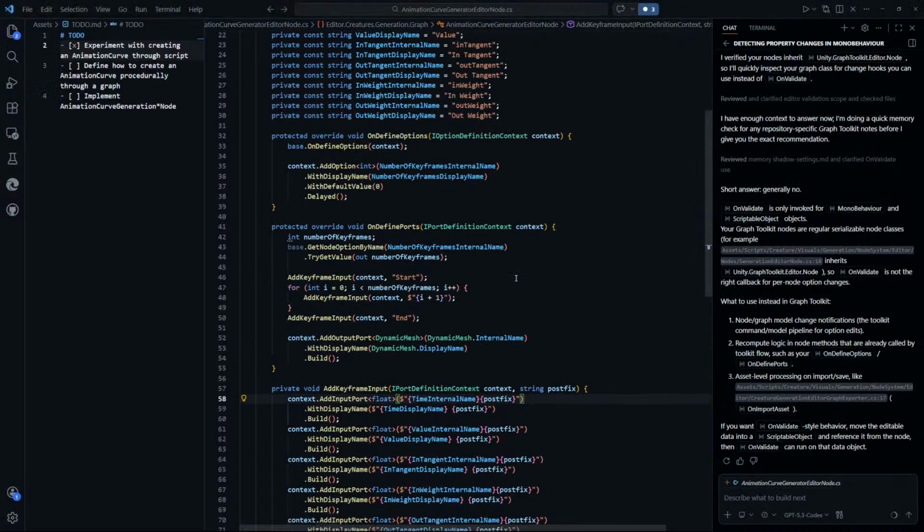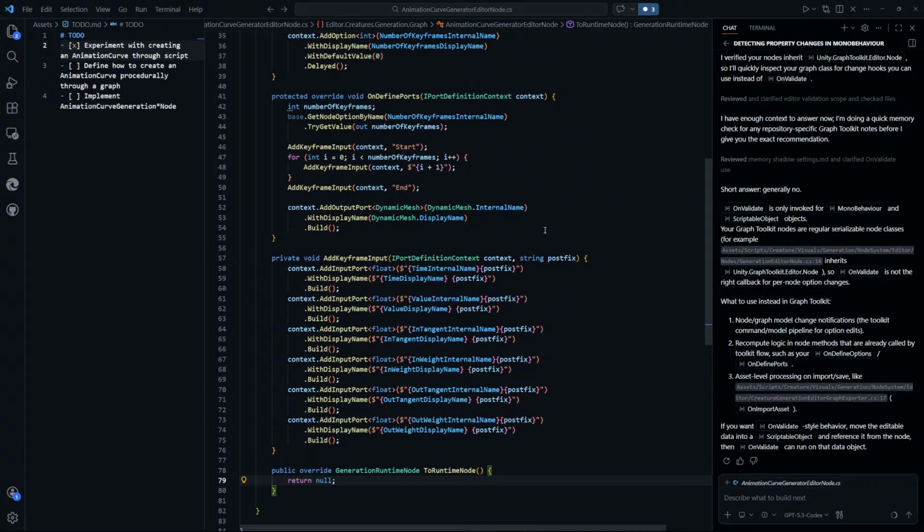And out, we don't want a dynamic mesh as output.